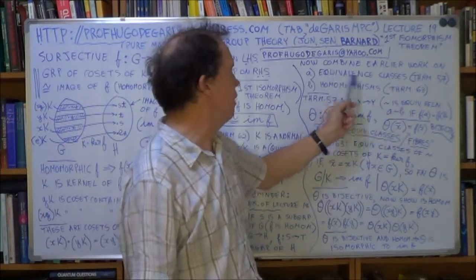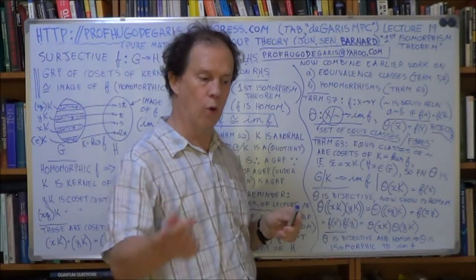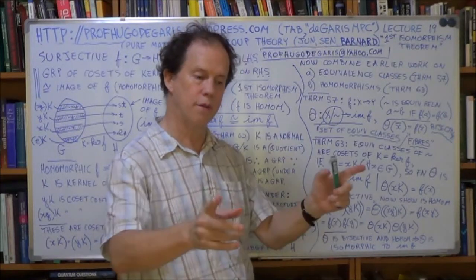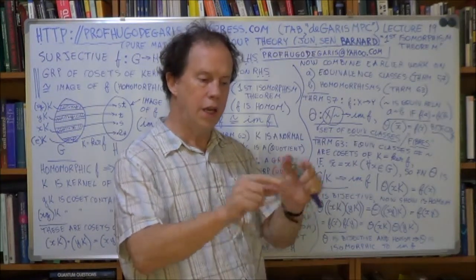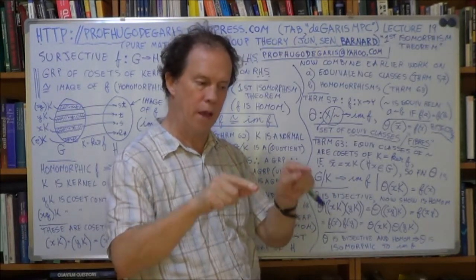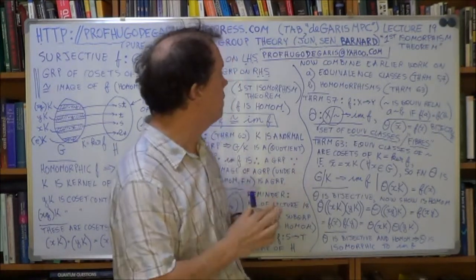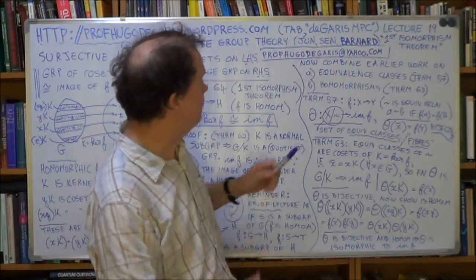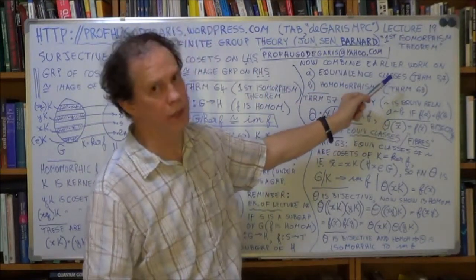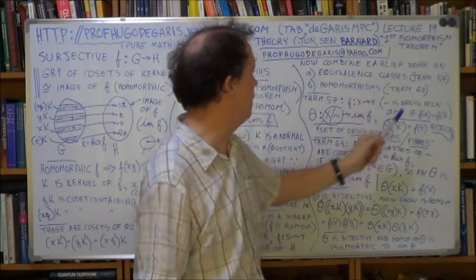Now, an equivalence class is a subset, all of whose members are equivalent to each other. So you take any pair of members, elements of that subset, and they will be equivalent to each other. Right? So Theorem 57 is about these particular kinds of subsets, equivalence subsets or equivalence classes.